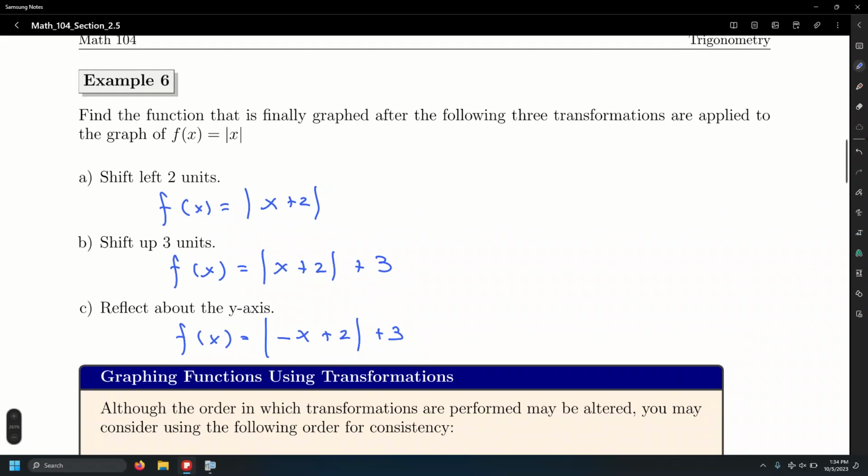Graphing functions using transformations. I don't want to get into graphing functions using transformations just yet without first making sure that we understand how every single number affects a parent graph.